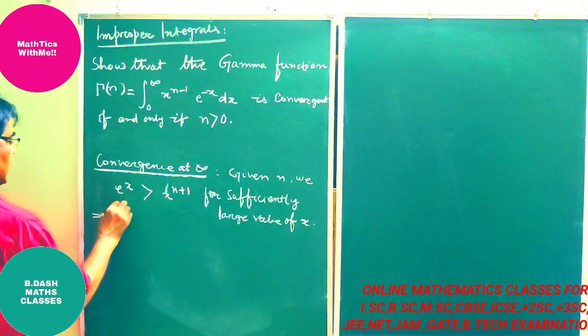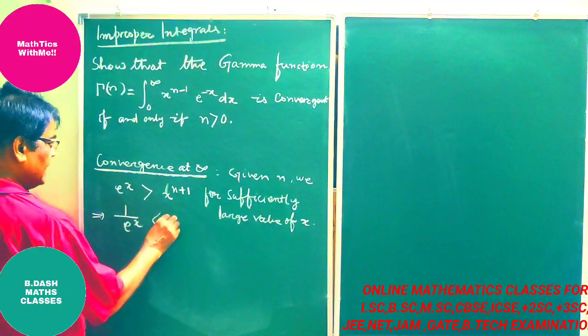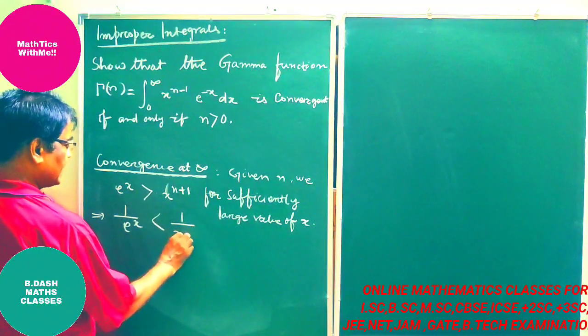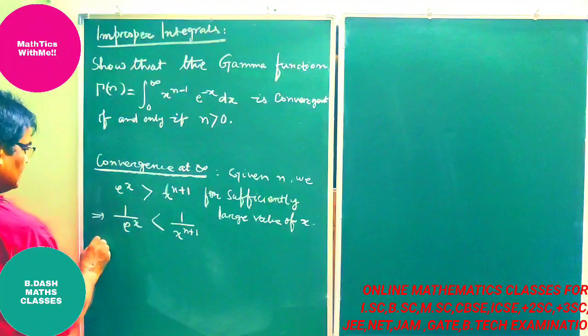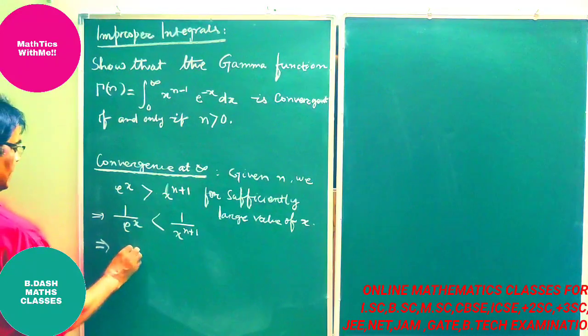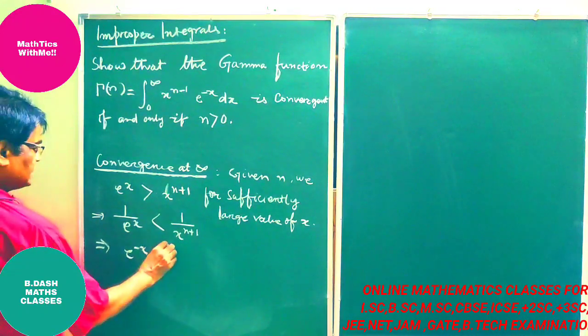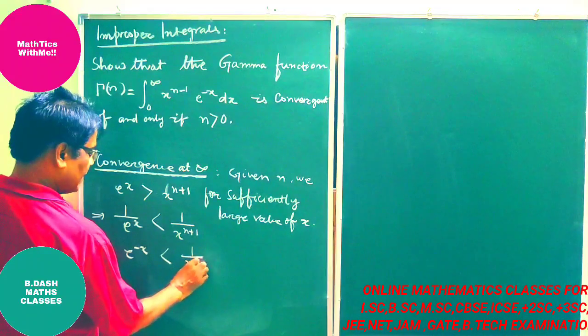So this implies 1 by e to the power x less than 1 by x to the power n plus 1. So this implies e to the power minus x less than x to the power minus n minus 1.